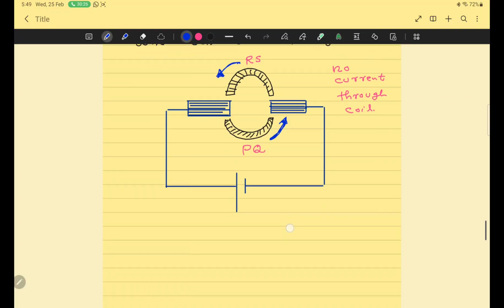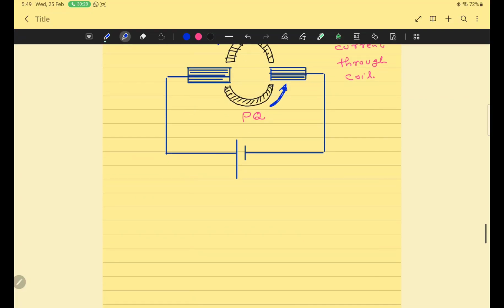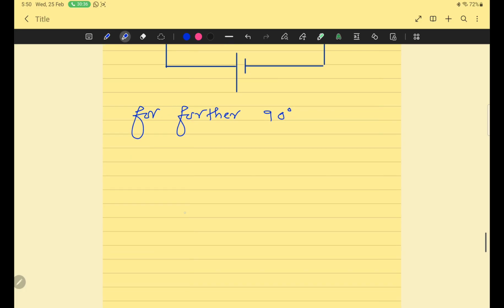When it has turned 180 degrees, for the further 90-degree rotation, the carbon brushes remain at their fixed position, but the positions of the commutator are interchanged.